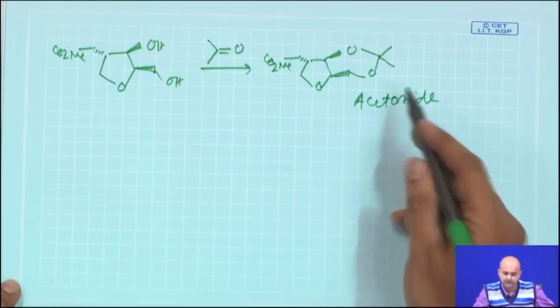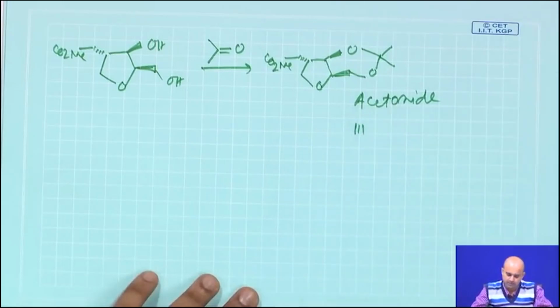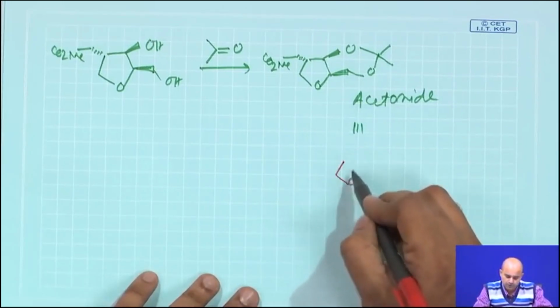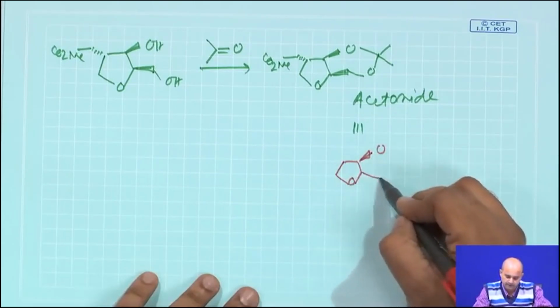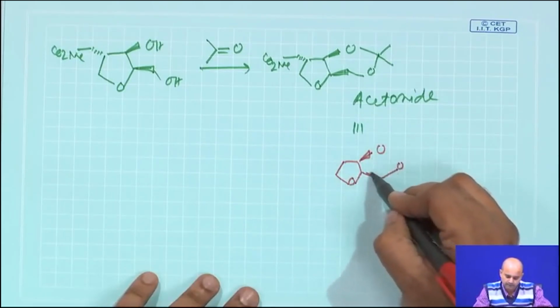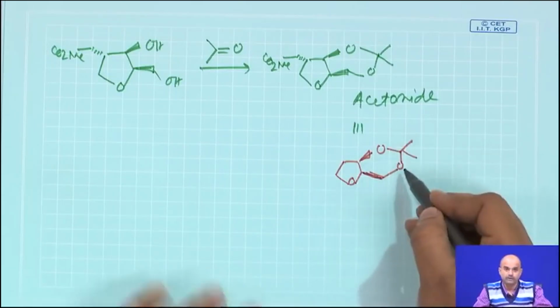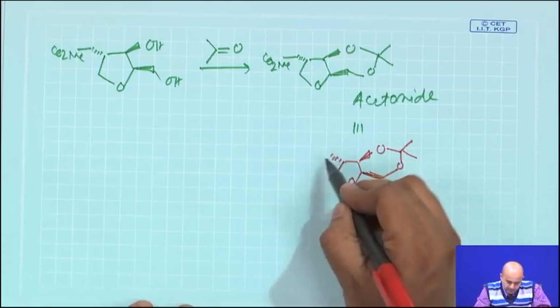We can write this acetonide structure in a more convenient way, which looks much easier. In reality it is a 6-membered ring. Now we have the 6-membered ring, and then this part remains.